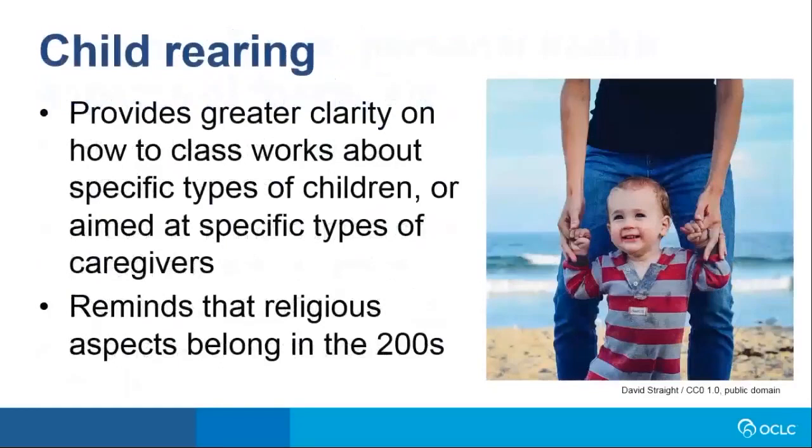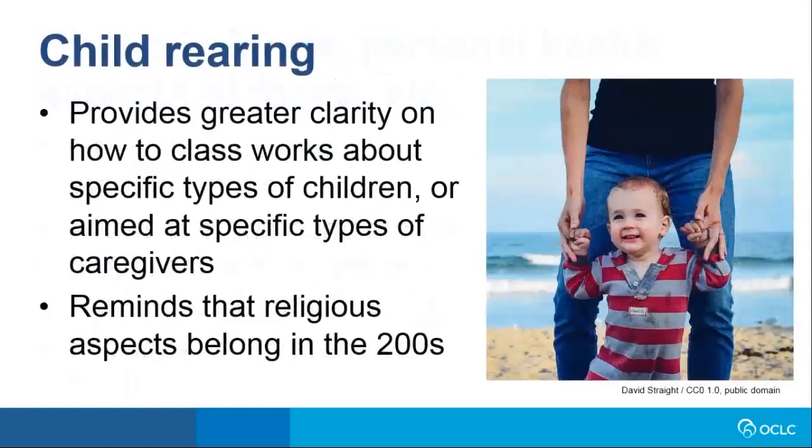In child rearing in the 600s, we had a large series of do not use notes for Table 108 groups of people, and it was not necessarily clear what should go in those places or how to express child rearing for specific types of children or for specific types of caregivers.